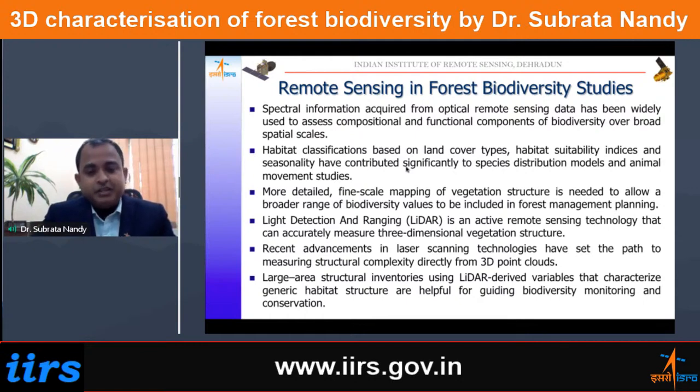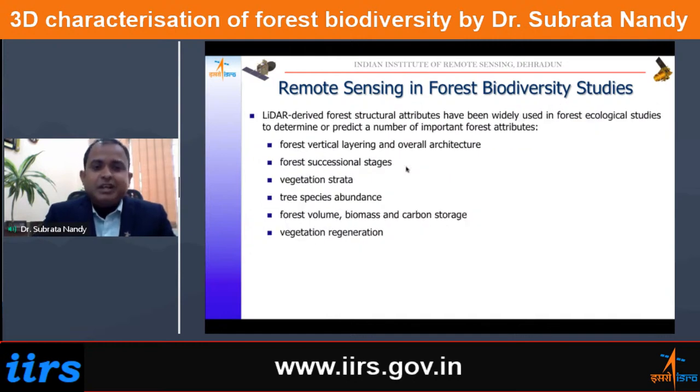Recent advancements in laser scanning technologies have allowed us to make the 3D model of forest or the structural components of forest directly from the 3D point cloud data. Large-area structural inventories using LiDAR-derived variables characterize generic habitat structure and are helpful in guiding biodiversity monitoring as well as conservation.